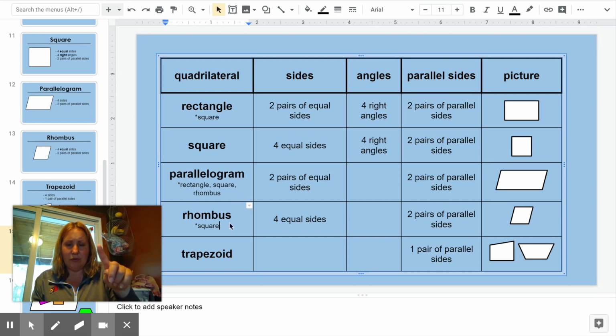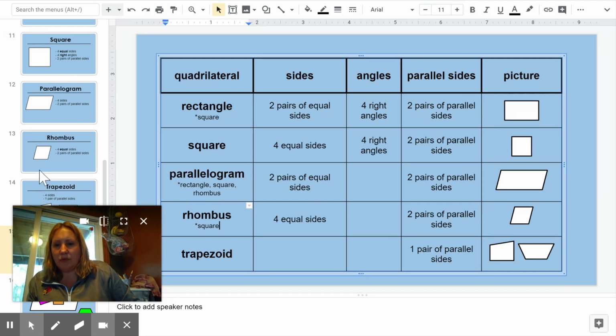So that's different about those 2 figures. And then you can also see something special about a square and a rectangle. Those are the only figures that have 4 right angles. So those are some of the things that kind of set those different figures apart. So when you're thinking about what quadrilateral you're looking at or talking about, those are some of the things to think about.